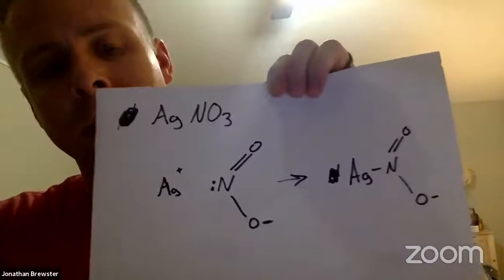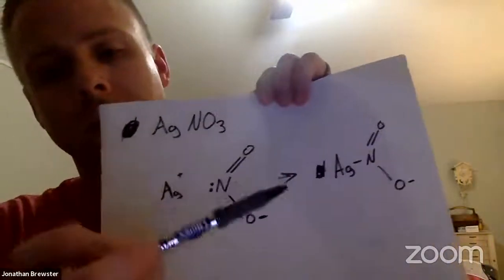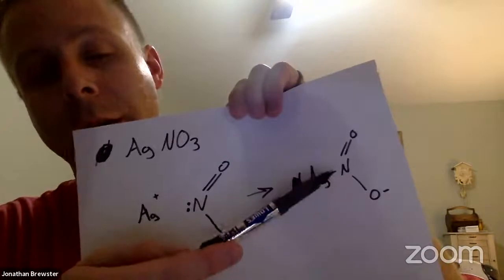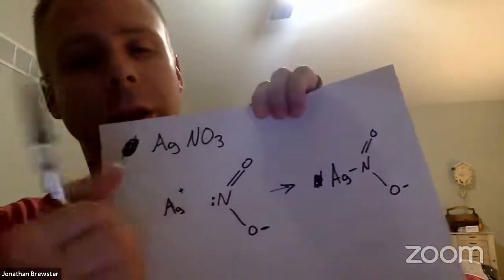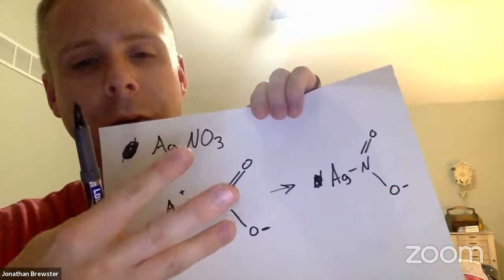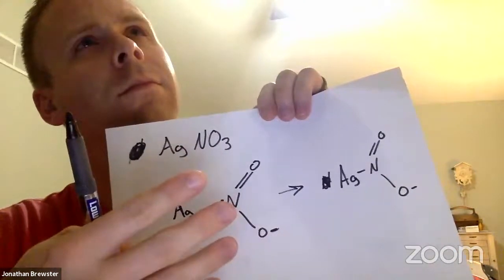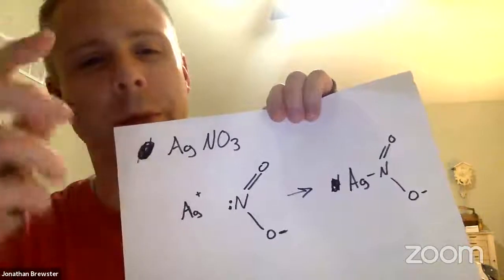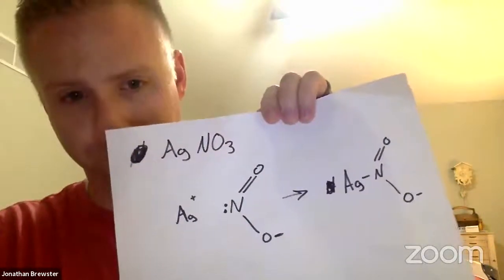So what happens is you add O minus. One thing you might realize here is that nitrogen likes to form 3 bonds, and it's got 4 bonds right now.